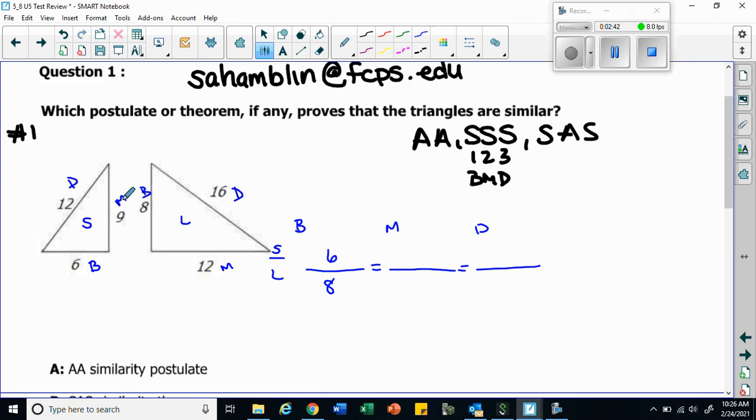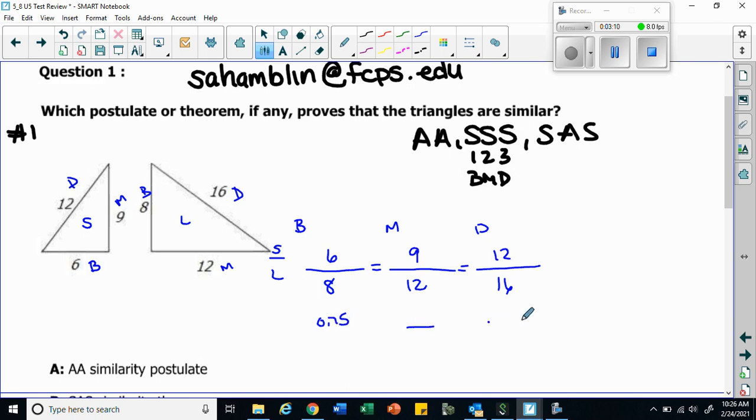So we're going to do 6/8, and then for my mom, we have 9/12, and then for my dad, we have 12/16, all right? Once you set these up, you're going to do the work of dividing these to see if indeed they're all the same. So 6 divided by 8 is 0.75.